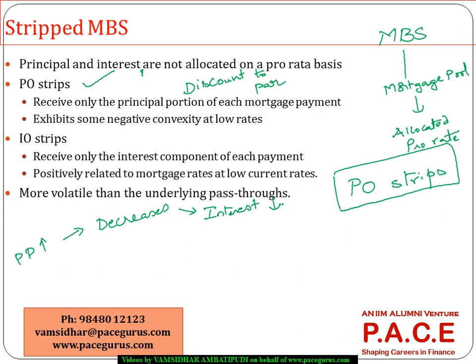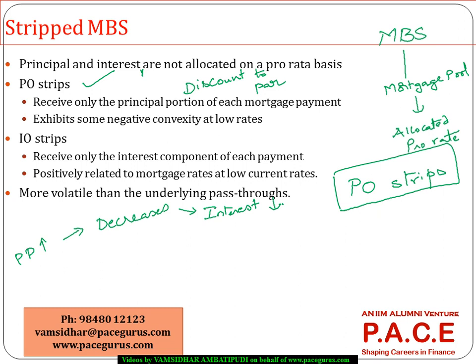So the IO investor will lose very heavily if the prepayment rates are much higher. But if the prepayment rates go much lower, the IO investor is going to benefit quite exceptionally. So that is one thing which we need to understand.